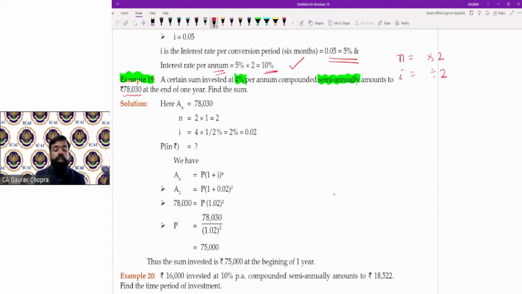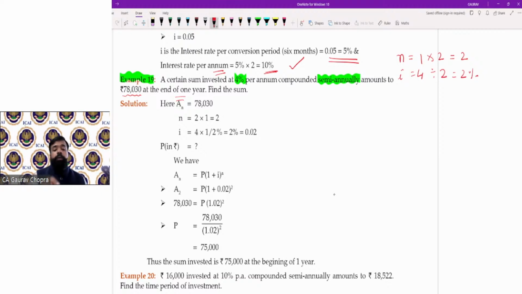This is the amount at the end of 1 year. So how to calculate n? 1 into 2 gives 2. What is rate? 4 divided by 2 will give you 2%. So the first step is to convert rate and time according to half yearly. We have converted both of them.